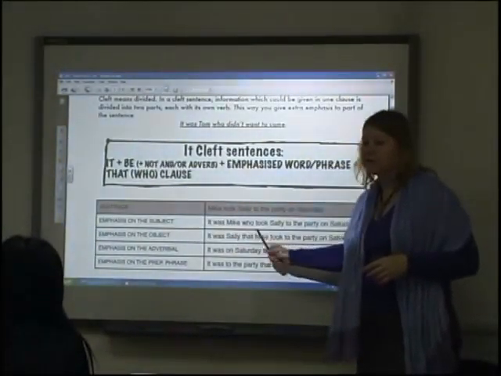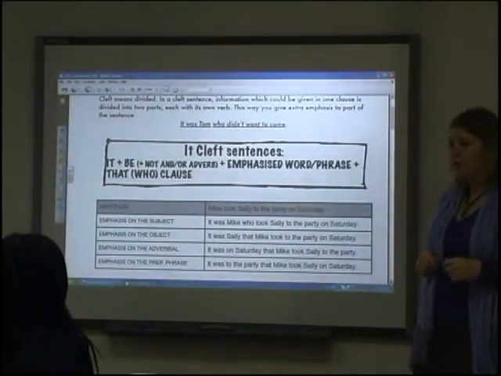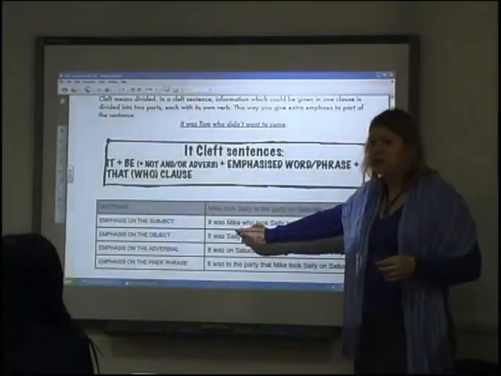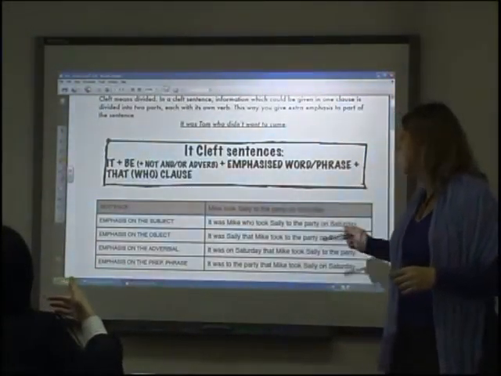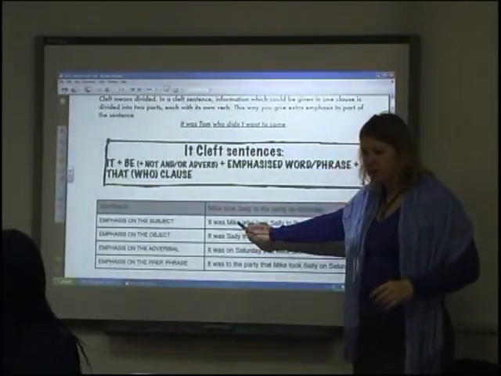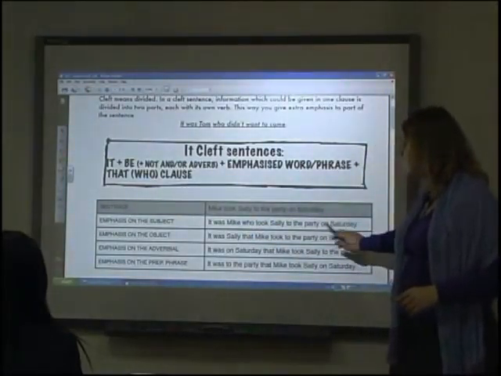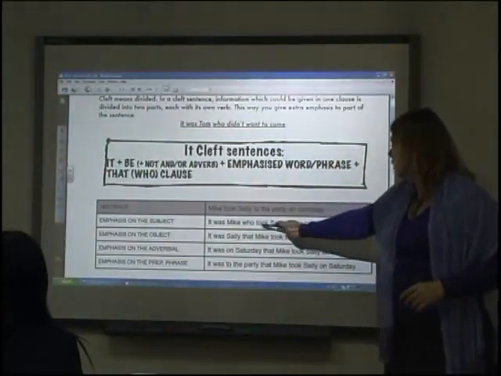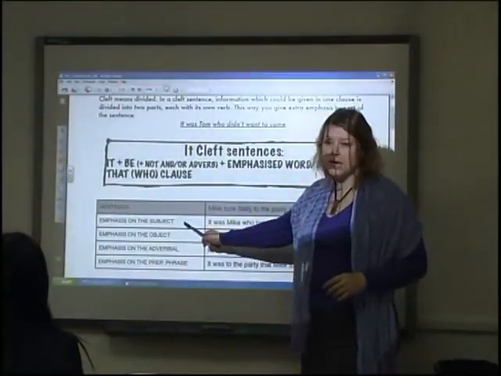So, which part of the sentence do we want to emphasize here? Mike. We make it important that it was Mike, not John, not Tom, not Pete. Here you emphasize the part that you think is essential, important. And then, who clause? Who took Sally to the party on Saturday? Right? That's emphasis on the subject.